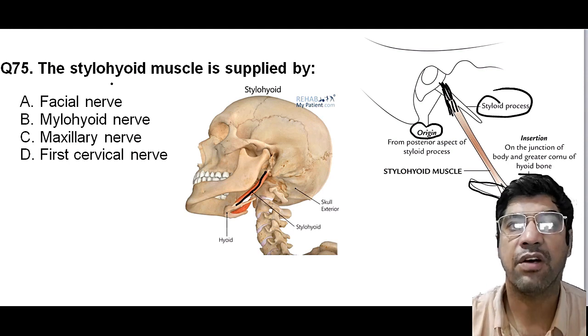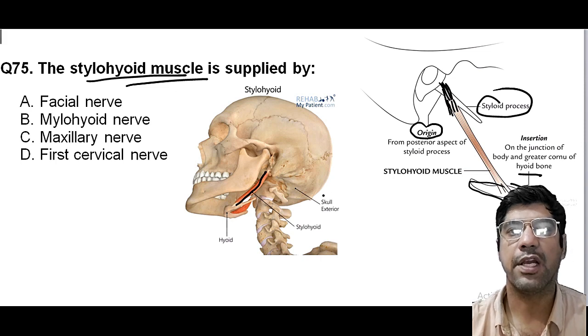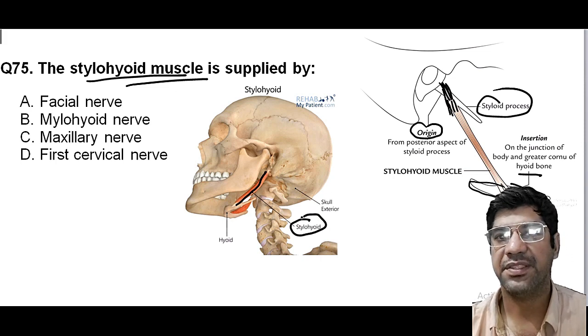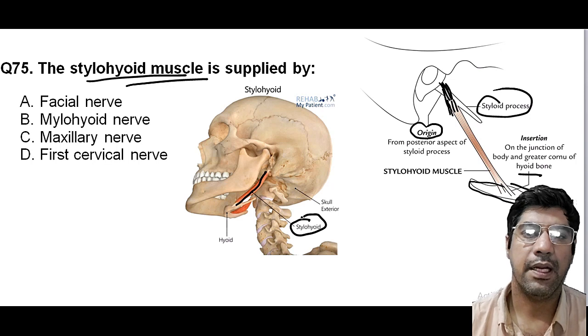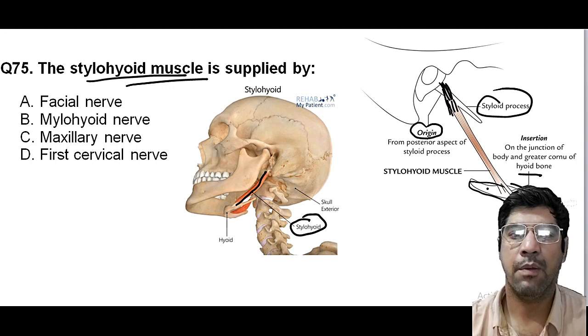What is the muscle action of this stylohyoid muscle? When this muscle contracts, it produces the following functions. It produces elevation of the hyoid bone.